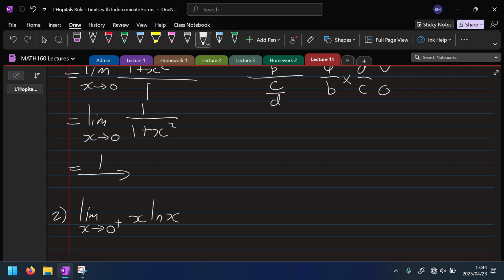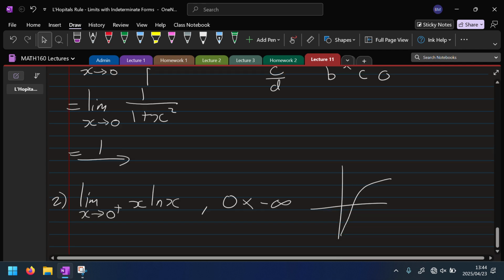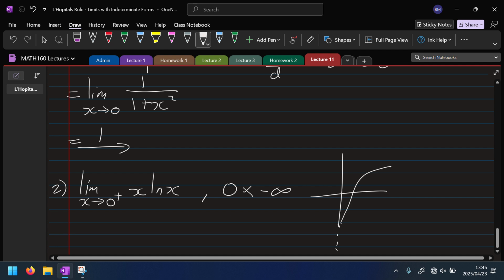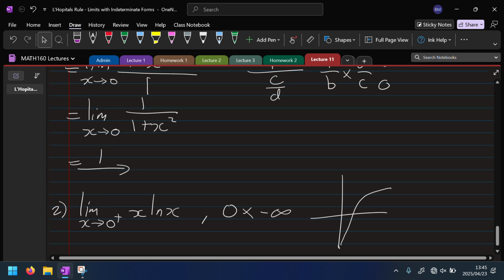When x goes to 0, the x in the front will be 0 times, and then the natural log of x goes to minus infinity. You have that asymptote there at 0. So it's an indeterminate form, 0 times infinity.